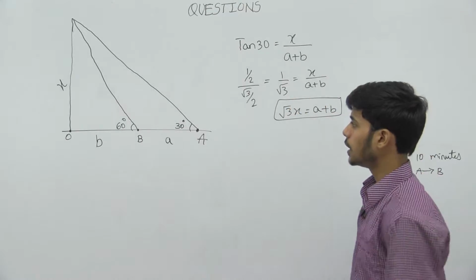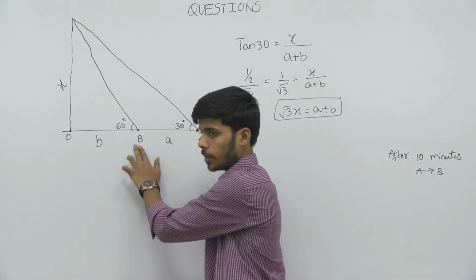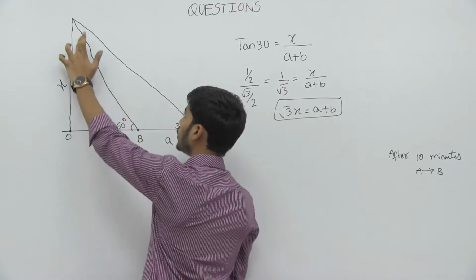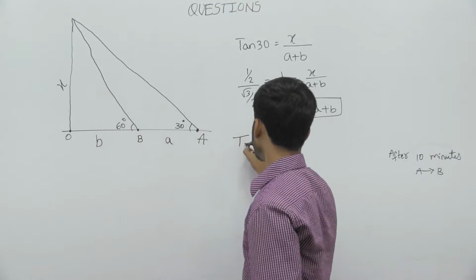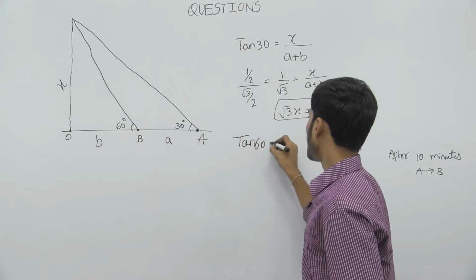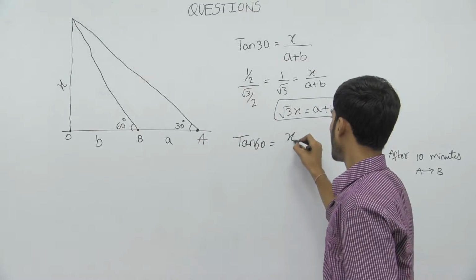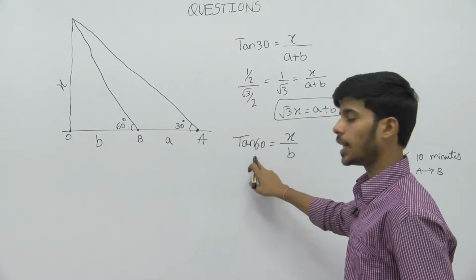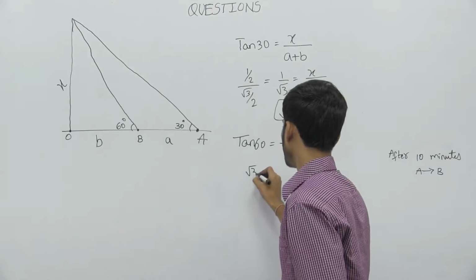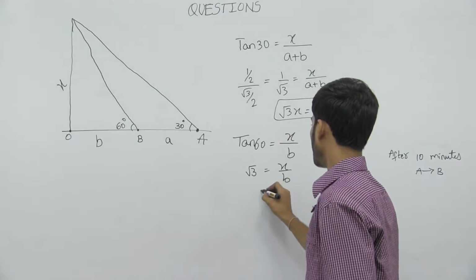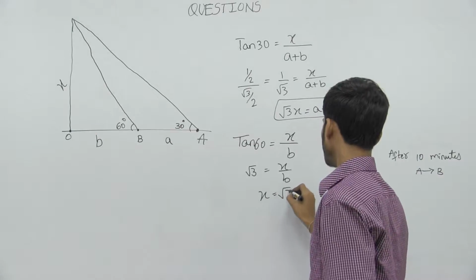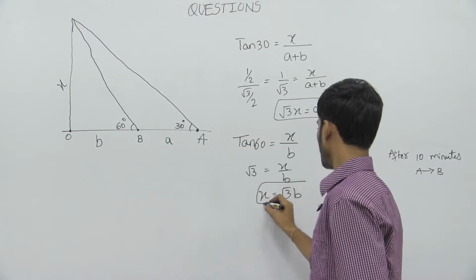Now let's come over to point B. Here the angle of elevation is 60 degrees. So similarly, applying tan, we have tan 60 is equal to x by b. Tan 60 is root 3, equal to x by b. We get x is equal to root 3b.